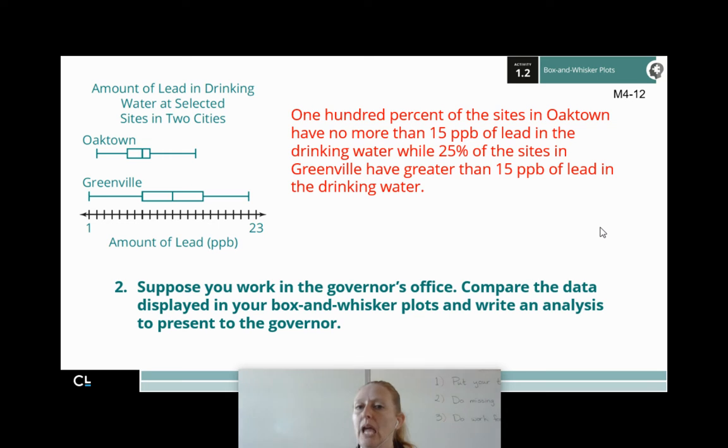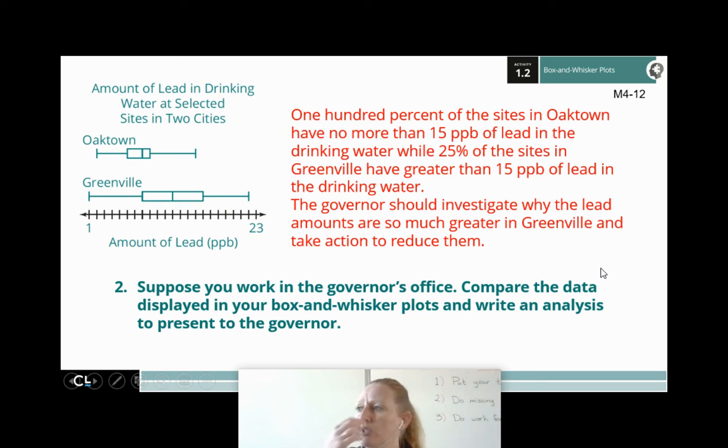So Oaktown was okay. But Greenville, 25% of the sites in Greenville had more than 15 parts per billion of lead in the drinking water. In fact, I think it was more than 25% because it kind of bled over into this other quartile, didn't it? Oh my gosh, that's not good.